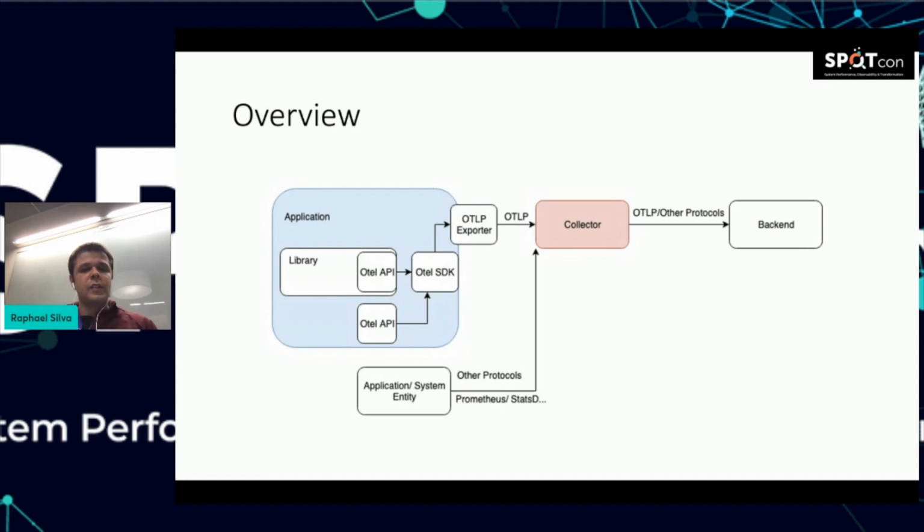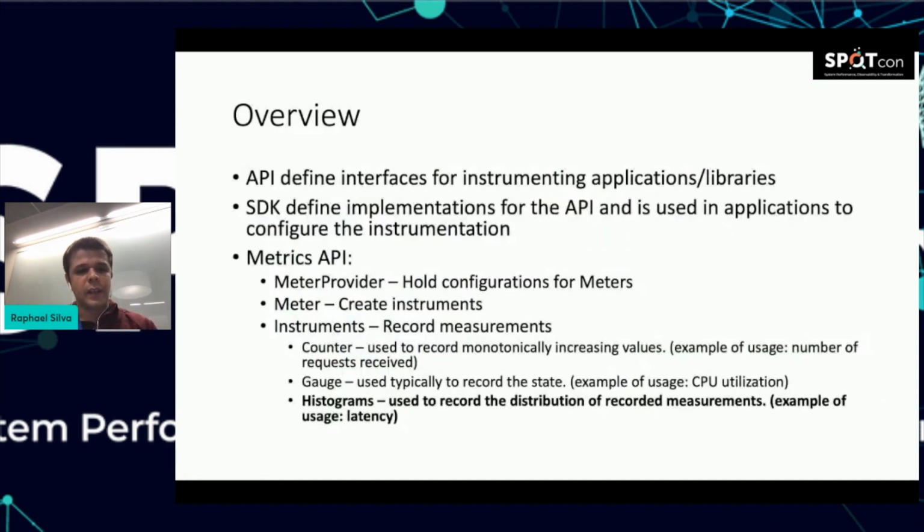Okay, so focusing specifically on the metrics. OpenTelemetry defines APIs and SDKs to be used by applications or libraries. So the API defines the interface for implementing the applications, and the SDK is what provides the real implementation.